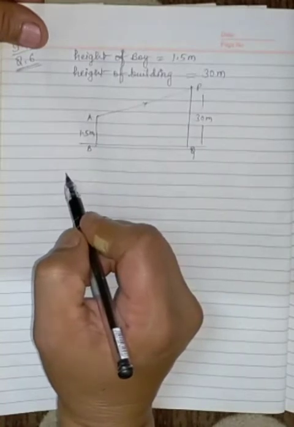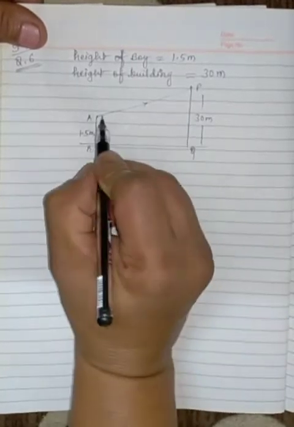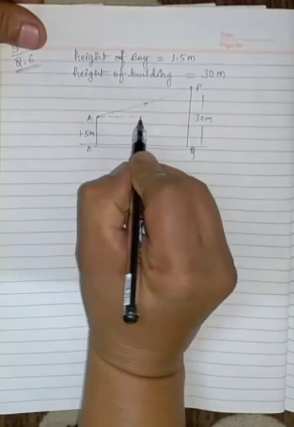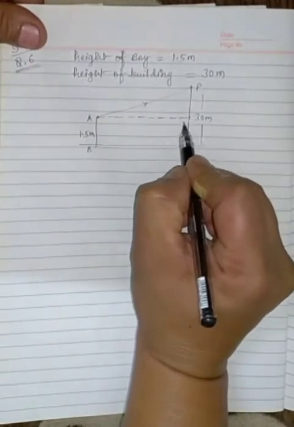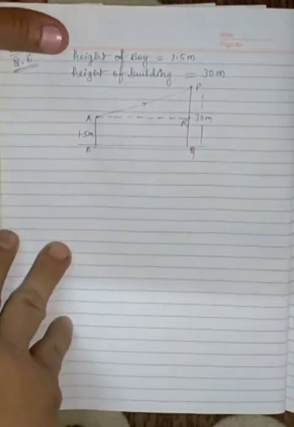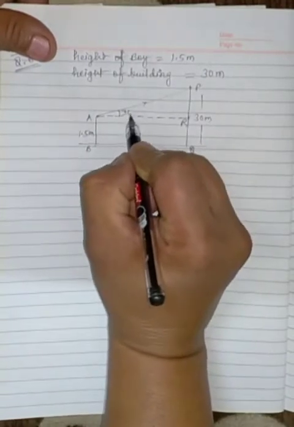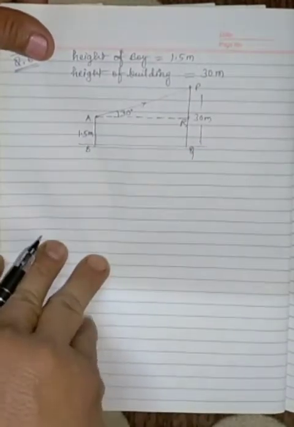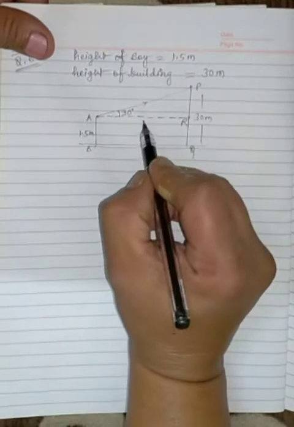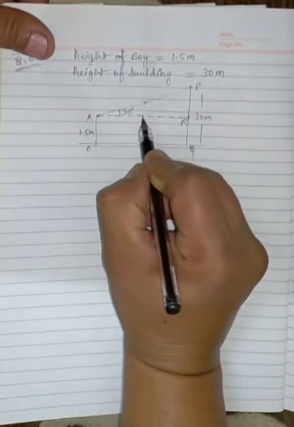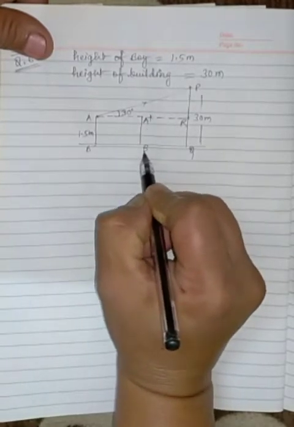Now to draw the angle from this point, we need one imaginary line parallel to the ground. So from here we will draw a line parallel to the ground which will intersect PQ at another point, let it be R. Now from here the angle of elevation is 30 degree. But after moving some distance towards the building, let the position here be A dash, P dash.